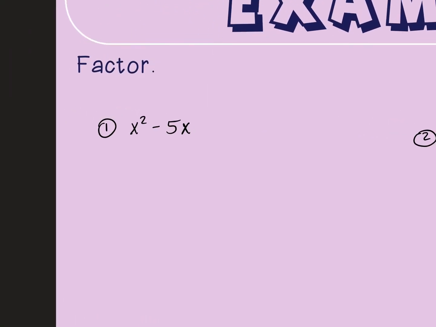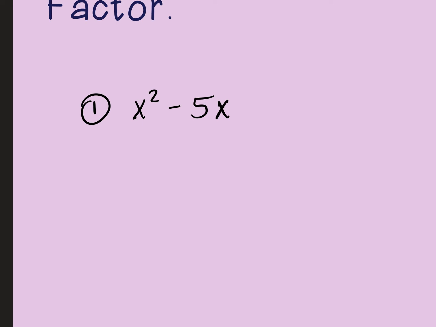All right. So for the next few examples, we're just going to be factoring. What is my greatest common factor that I have here between x squared and negative 5x? Do they have any coefficients, any numbers in common here? No. Do they have any x's in common? How many x's can I take out? 1.